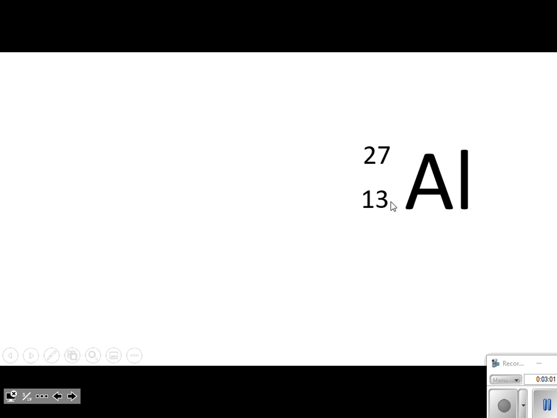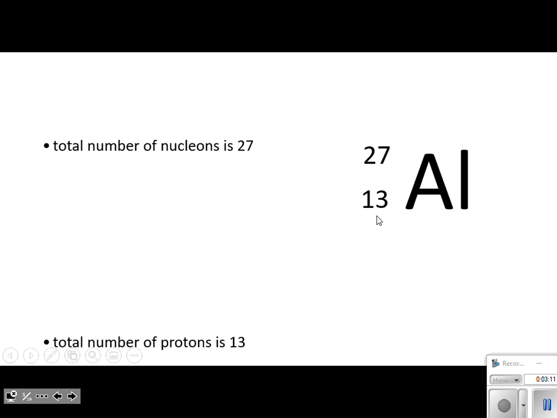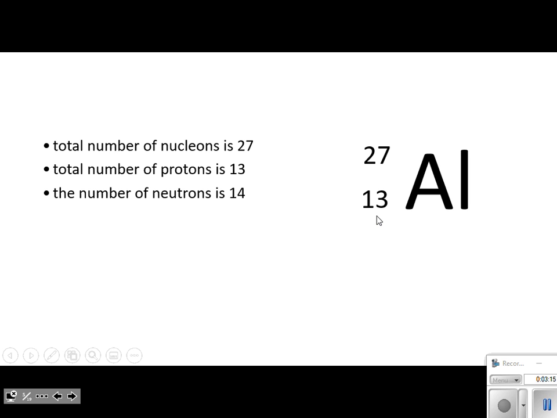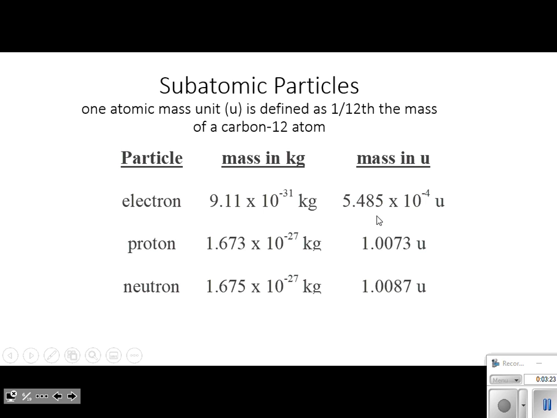Aluminum has 27 nucleons, 13 protons. Well, when I can do my math, I'm pretty good at that, okay? 27 nucleons, 13 protons, that leaves me with 14 neutrons, correct? That stuff all should be reviewed for us, other than the word nucleons.